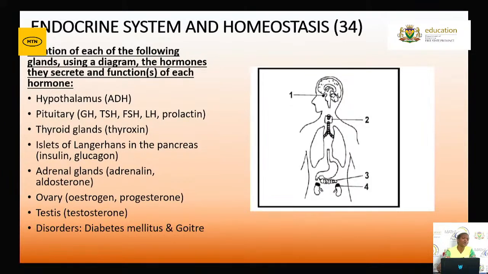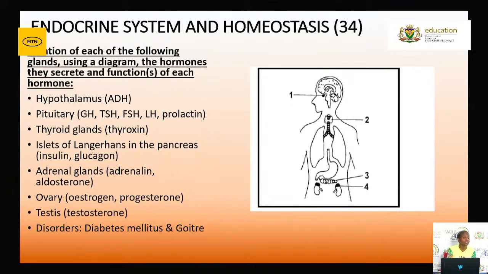Now we are moving to the endocrine system and homeostasis. Please remember all the glands which are on your examination guideline. We are talking about the hypothalamus, pituitary gland, thyroid gland, and the islets of Langerhans in the pancreas. You remember they secrete insulin and glucagon, not glycogen. When the blood glucose is very high, the islets of Langerhans secrete insulin.